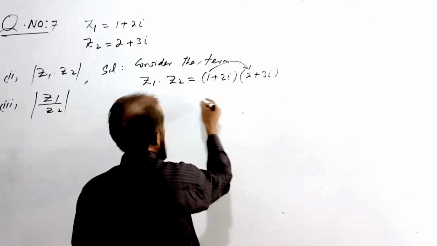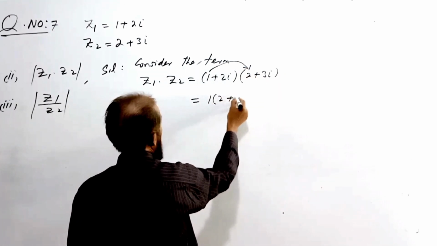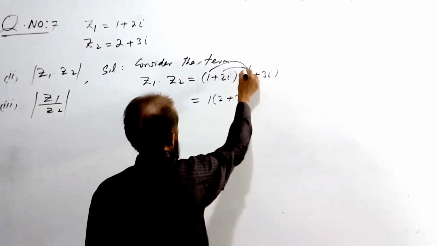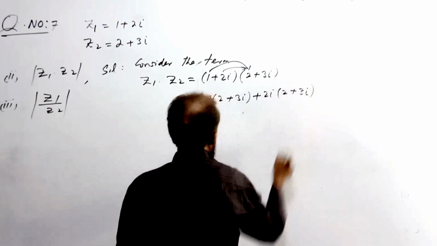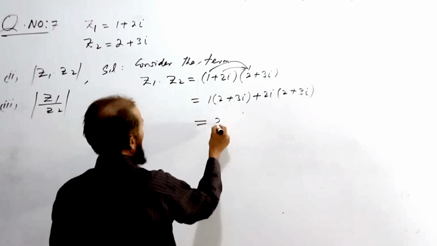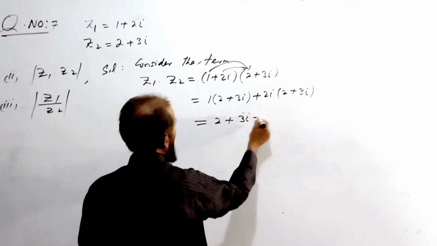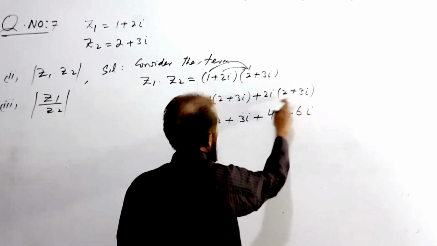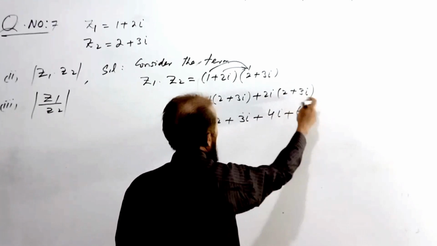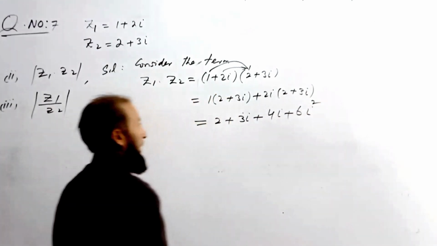First multiply 1 by 2 plus 3 iota, plus 2 iota by 2 plus 3 iota. Now open the brackets: 2 plus 3 iota plus 4 iota plus 6 iota, 2 multiplied by 3, 6 iota multiplied by 1 iota square.